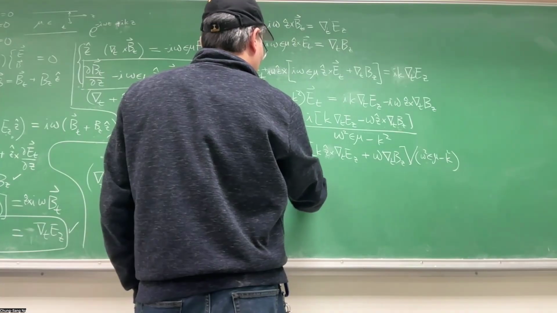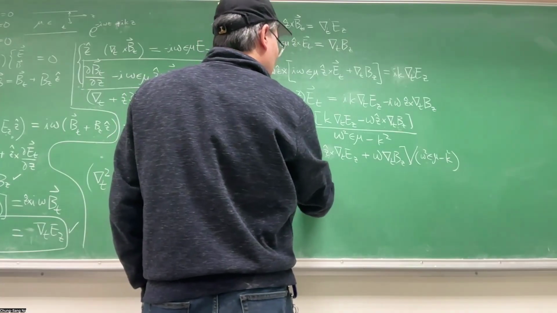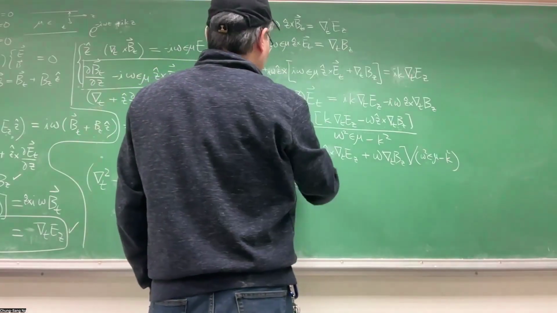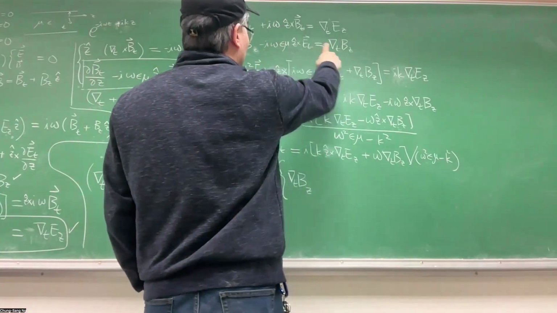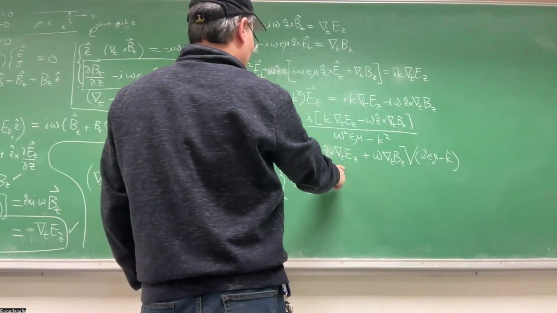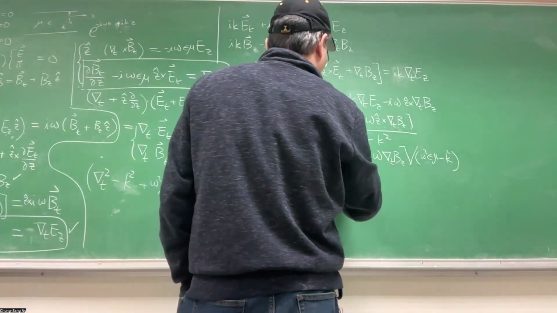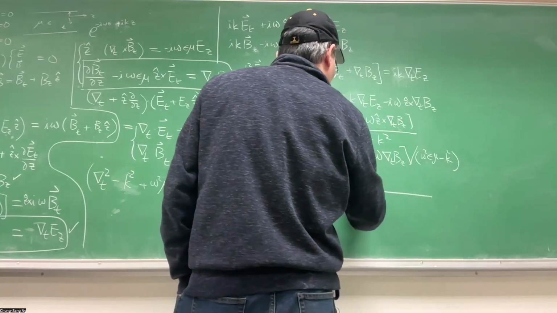Grab T E sub z, right? And then minus i omega epsilon mu times this one, right? Minus, and you have a denominator.